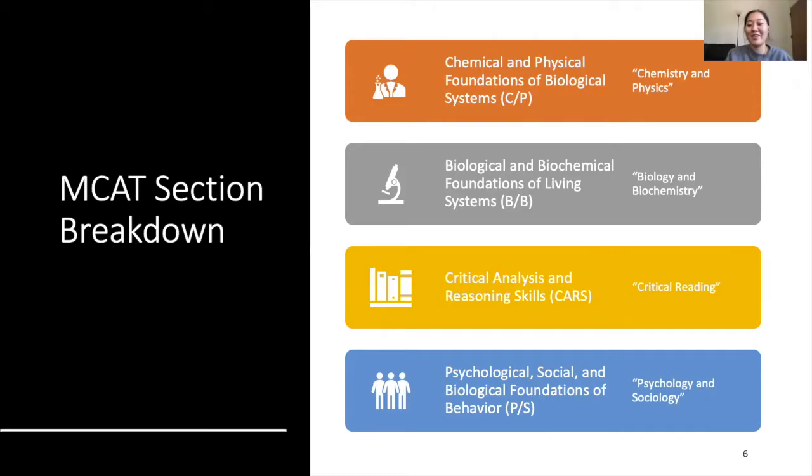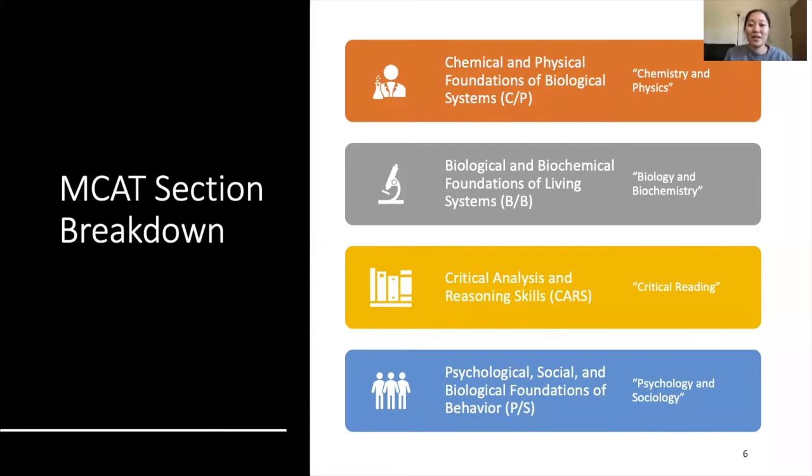I never touched CARS again until the test day. And on the actual test day, I miraculously scored a 98th percentile on CARS. So that just tells you the MCAT is really unpredictable at times. I'm not trying to encourage you to just give up when you don't do as well as you think, but you should try to be flexible in your approach and take breaks when you need to.